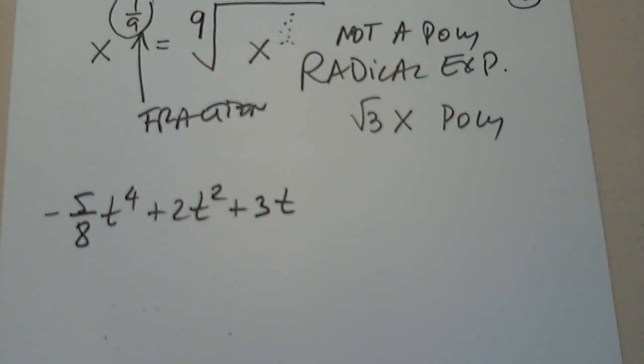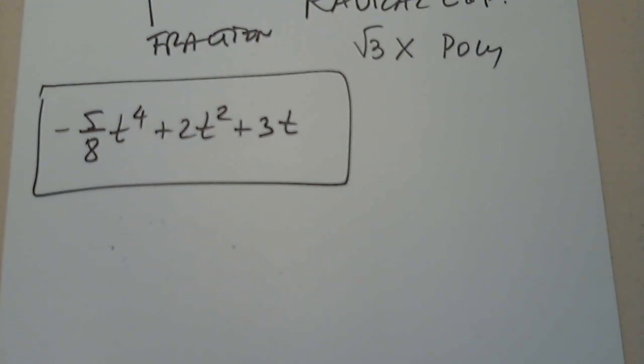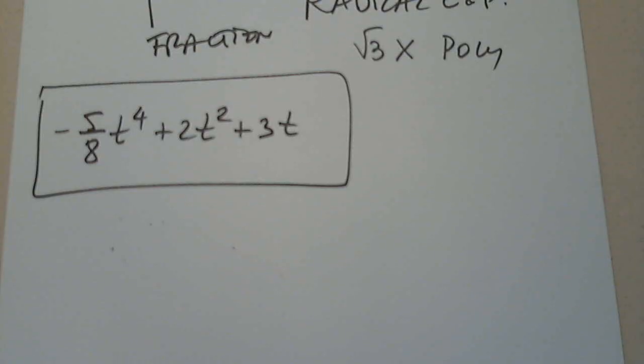This should be the correct descending order of the powers of the variable. And yes, degree is 4. Yes, the leading coefficient is -5 over 8, and so on and so forth. Good.